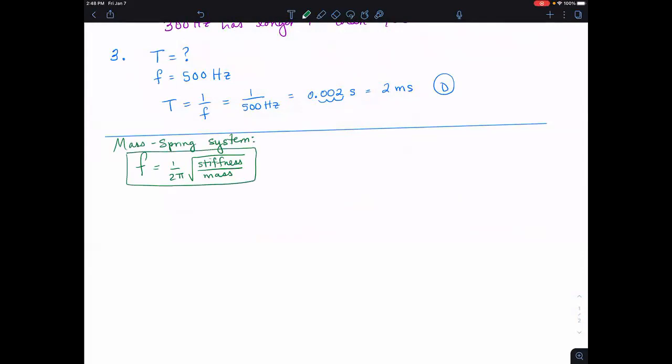Because the stiffness is on the top, that means that the frequency F and the stiffness have a direct relationship. What does that mean? If one goes up, the other goes up.